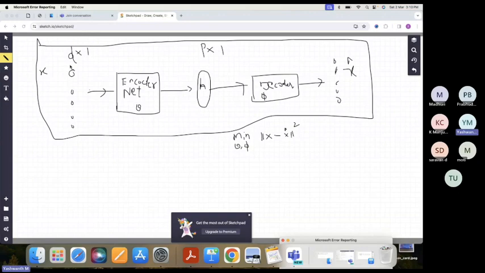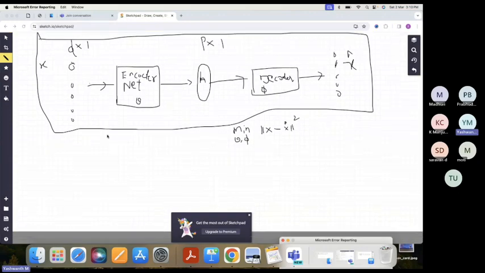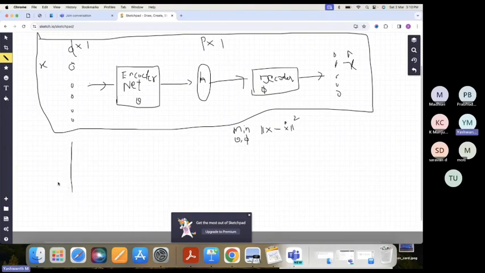So how is it connected to PCA? Remember last time we discussed PCA from the point of view of maximizing the variance.